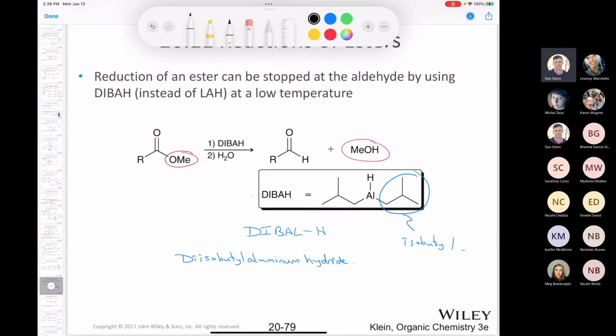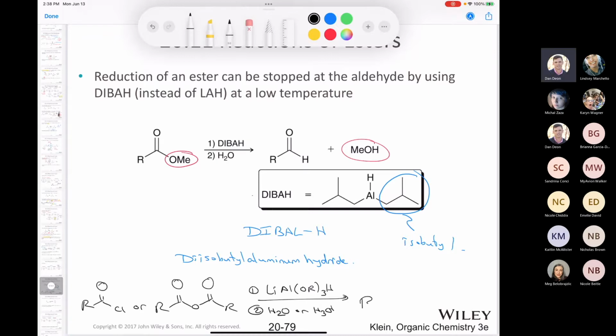So what I said was, if you had an acid chloride or an anhydride, let's just remind ourselves of this. And this is just review. I said that if you treat this with lithium aluminum tri-tert-butoxy hydride, followed by H2O or aqueous acid, that would stop either of those at the aldehyde.